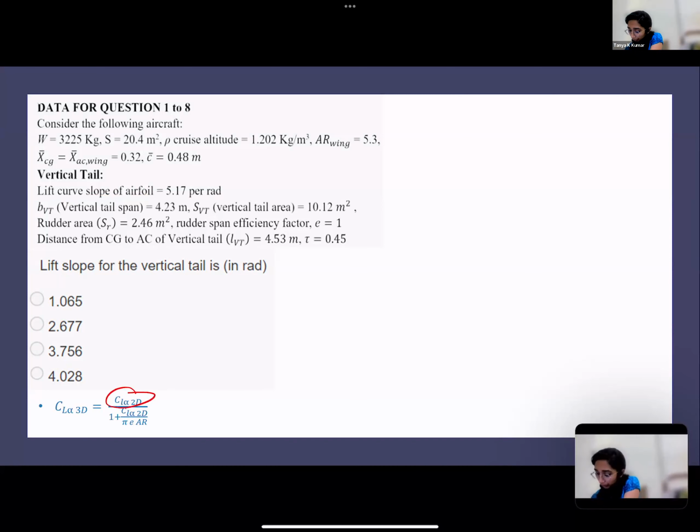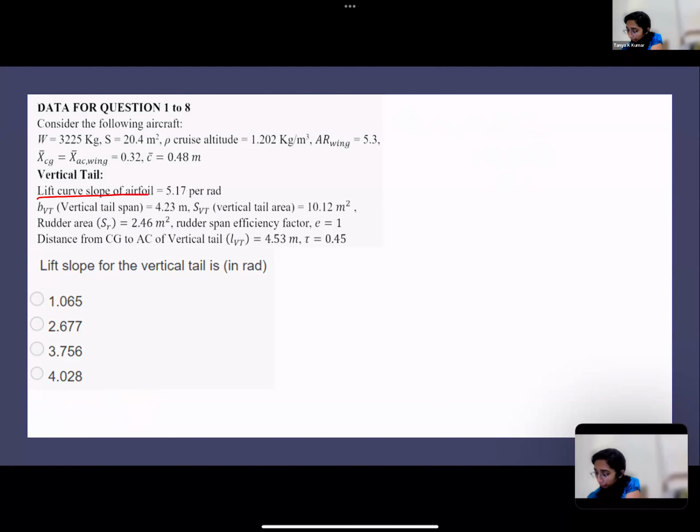So this is for the airfoil. Let's try doing this. CL alpha 3D. In this case, it's CL beta, just for the airfoil, okay? We're just finding the lift curve slope of the tail. Now, what was for the airfoil? It is 5.17 divided by 1 plus 5.17 by π AR.